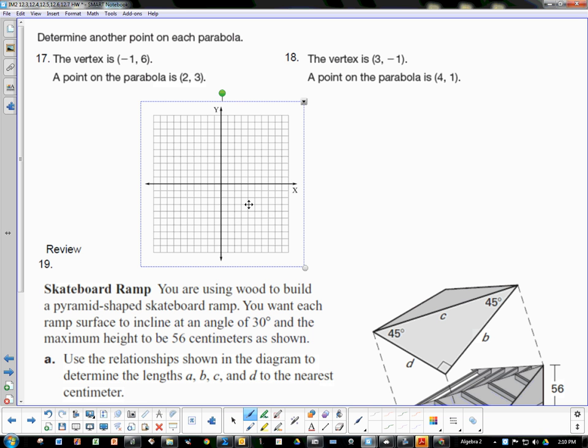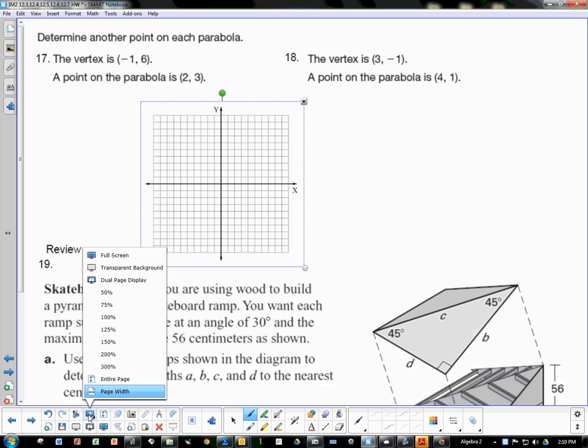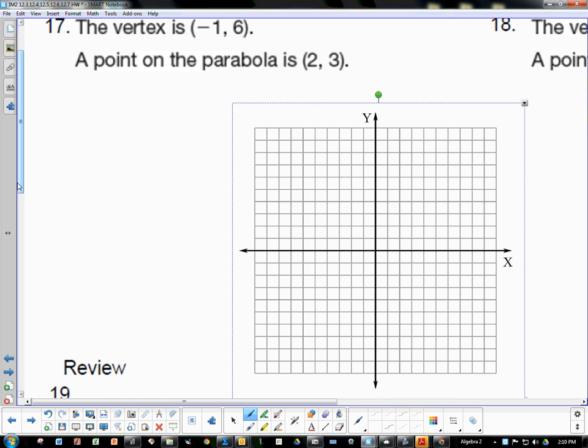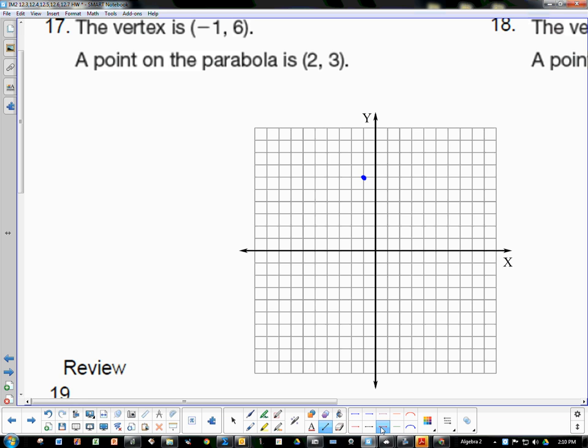So the vertex is -1, comma 6. I'll zoom in for you. There we go. -1, comma 1, 2, 3, 4, 5, and 6. There's my vertex. So we know that the line of symmetry, or the axis of symmetry, passes through that point.